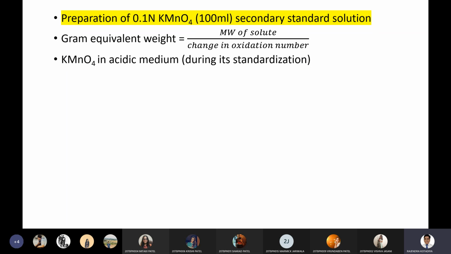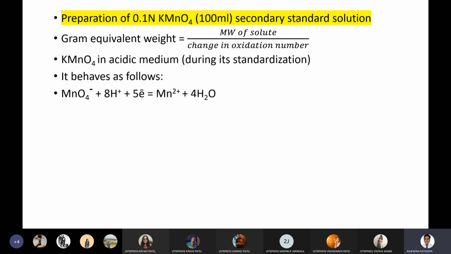In acidic medium, if you can recall that reaction, I had done it with you earlier too, it will behave in this particular fashion. MnO4 minus changes in oxidation number to Mn2 plus.